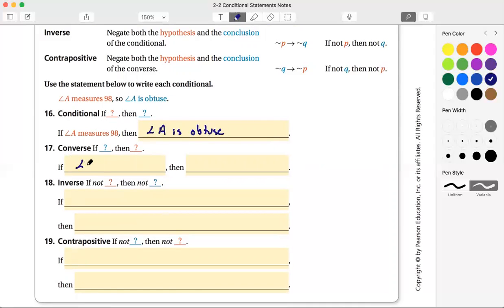So if angle A is obtuse, then angle A measures 98 degrees. The inverse, so it's the opposite: if not this, then not that. So if angle A does not measure 98 degrees, then angle A is not obtuse.